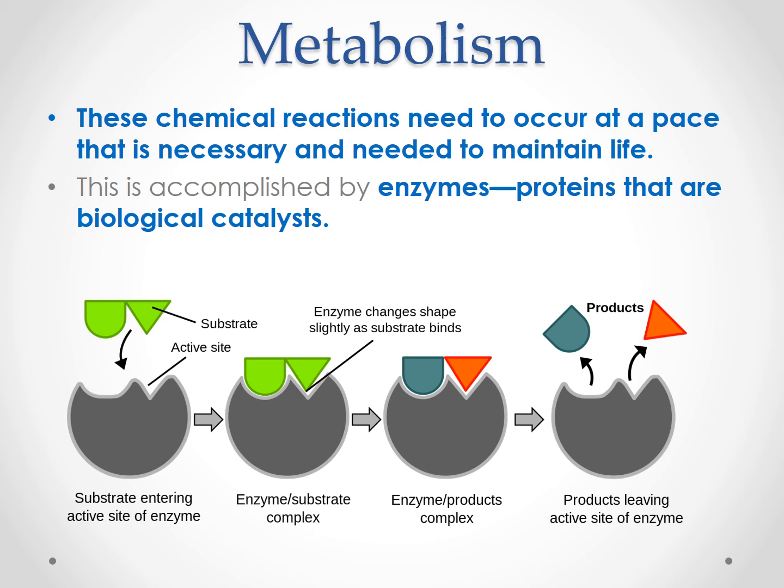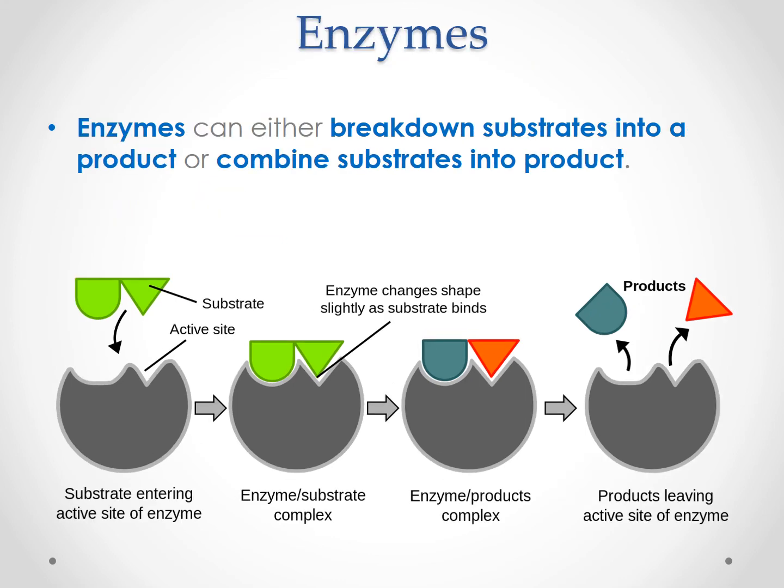So you remember I talked about how proteins are doing the main work of the body, and this is one of the ways that they do that. They are proteins that are helping to facilitate these chemical reactions to occur. Now, enzymes both break down and put things together. In this particular image, you can see the substrate.